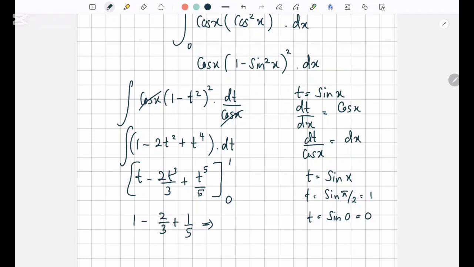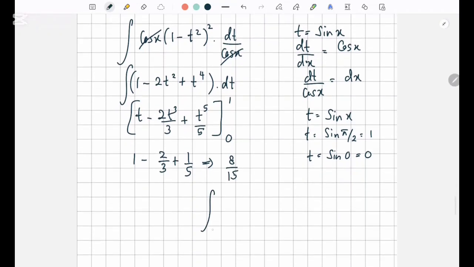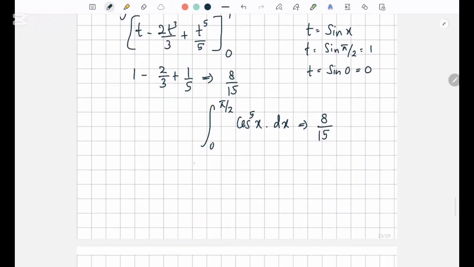This gives you 8 over 15, meaning 0 to pi over 2 cos x to the power 5 dx is 8 over 15, and now you need to multiply it with 5 over 231. 8 over 15 into 5 over 231. This gives you 8 over 693, and that's the answer.